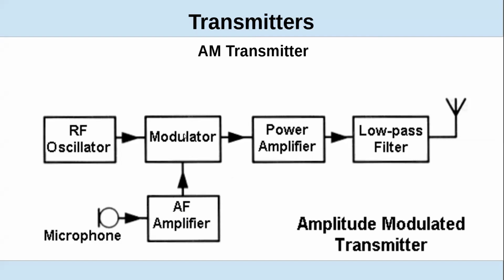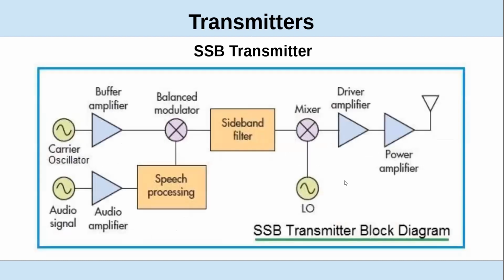Run it through the modulator, which is another mixer, and then run it through a power amplifier and a low pass filter just to get rid of any high frequency harmonics that we don't want. It's pretty straightforward. AM transmitters are easy. Easier than a receiver.